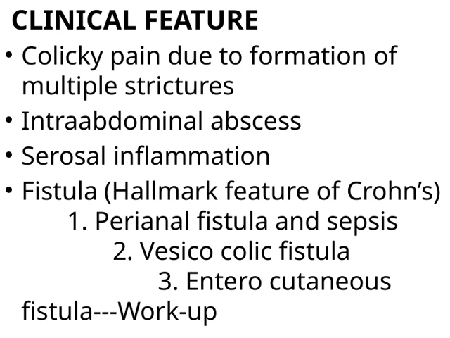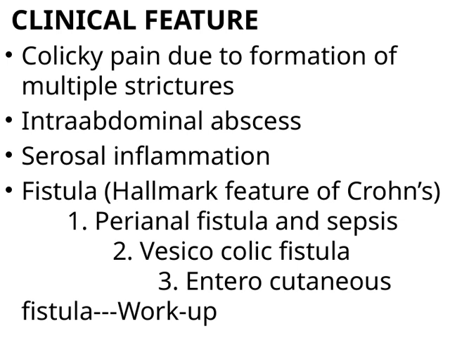Now, perhaps the most distinctive feature of Crohn's disease is the formation of fistulas. These abnormal connections can develop between the intestine and other structures. For example, a perianal fistula can cause sepsis and local infections around the anal region. There can also be vesicocolic fistulas, which connect the bladder and colon, leading to urinary symptoms.